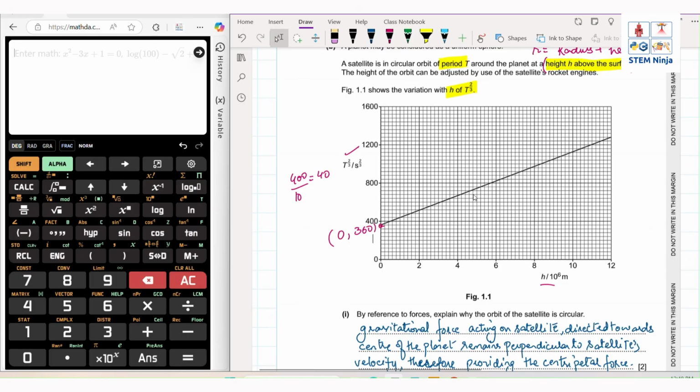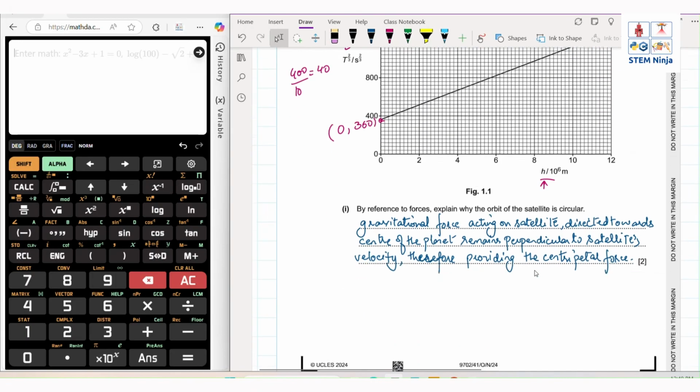We need just one more point. So let's take this one. I think we can take this one. Okay, yes, 11, 1200. And the height is actually in 10 raised to power 6, so we have to be very careful about this.